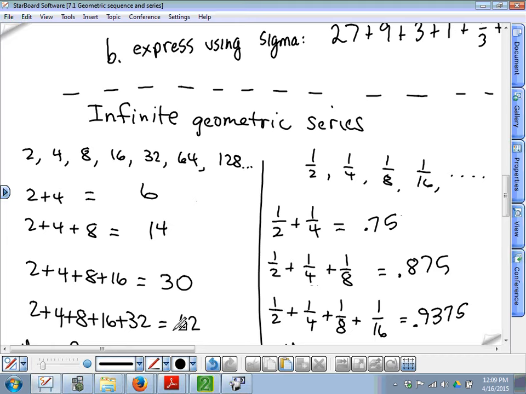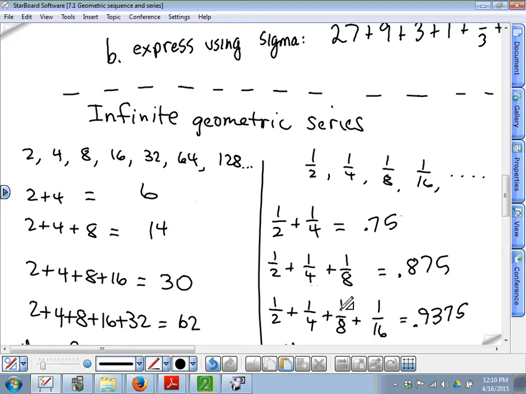There you go. What about the 100th term of this sequence over here? What kind of number? Big or small? Small. How small? What about the 1,000,000th term of this sequence right here? It's really, really small. The sum is 0.9, but what about the 1,000,000th term of this sequence? Isn't it pretty much 0?